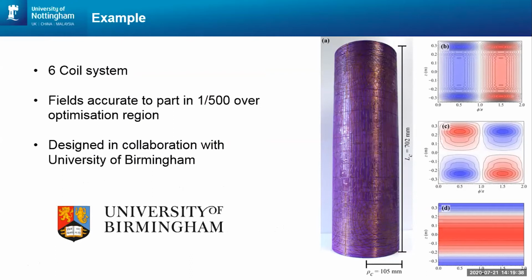And these coils are accurate to about 1 part in 500 over the optimization region. Peter Hobson physically made this, with a 3D printed former, and spent many long hours winding layer after layer to make this system.